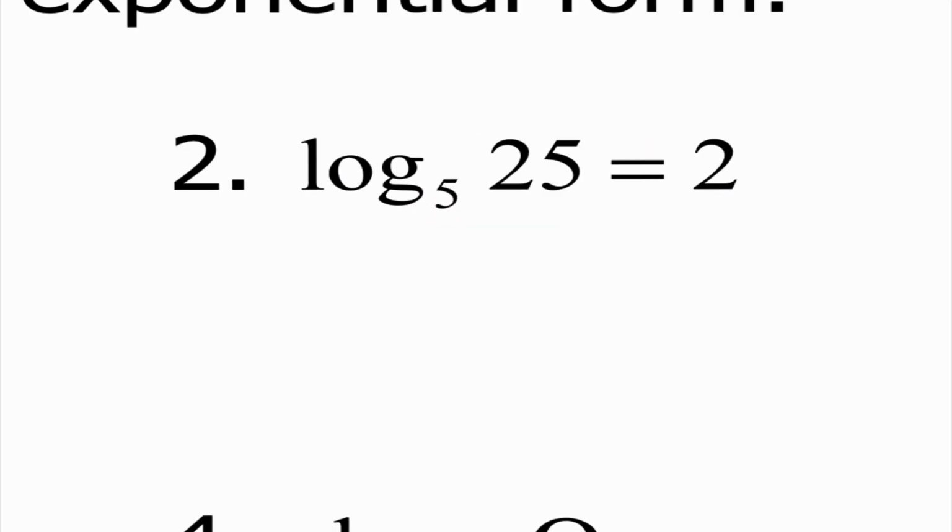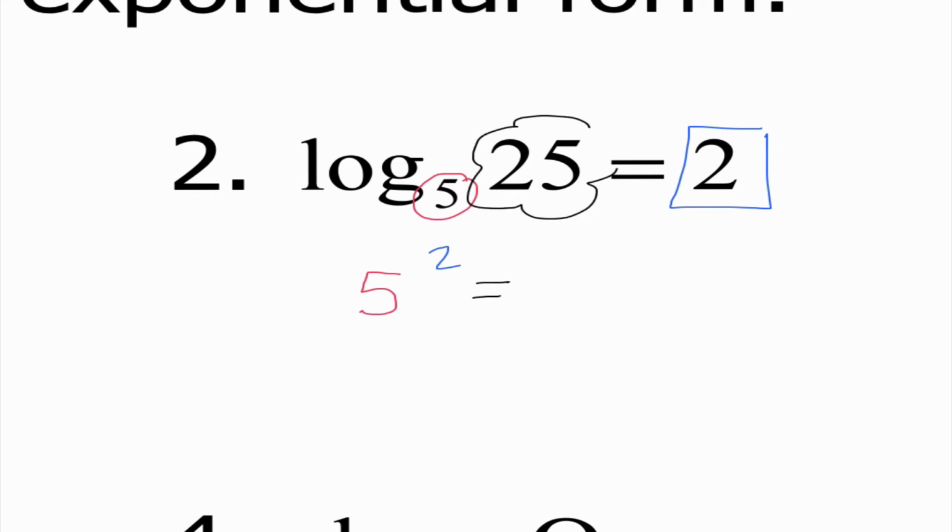Okay, number 2, log base 5 of 25 equals 2. This time my base is 5. My logarithm is equal to 2, so that is our exponent, and it is equal to 25. Some of you may be thinking right now, why do we even need to know this?